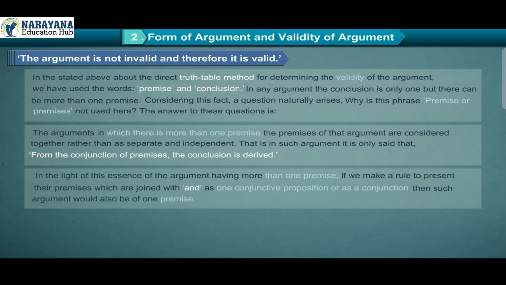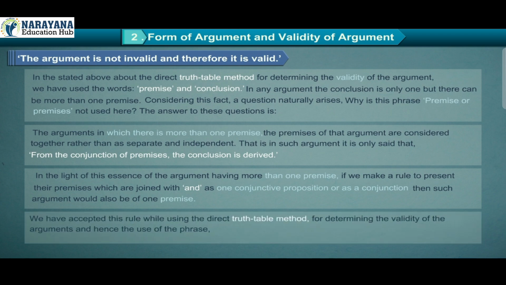In the light of this essence of an argument having more than one premise, if we make a rule to present the premises, which are joined with and, as one conjunctive proposition or as a conjunction, then such an argument would also be of one premise.